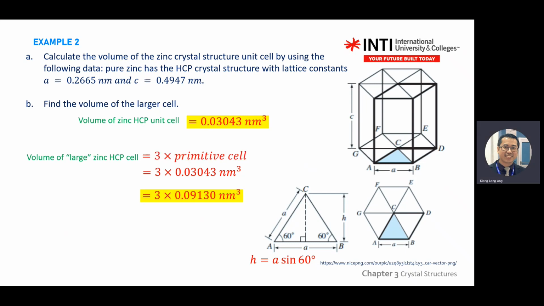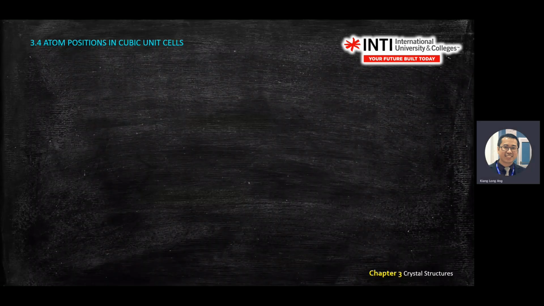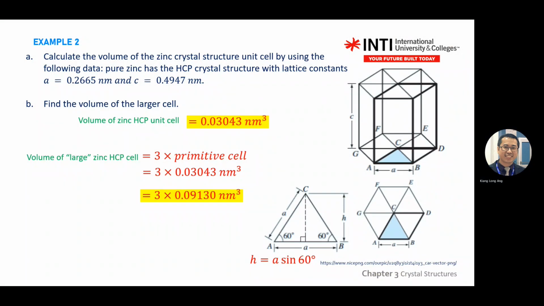So the answer is this one, you times the number. Okay, I think this one is wrong. No 3, this one you remove. This one times this one equals 0.9. Remove the 3 times in the answer. This one is wrong.